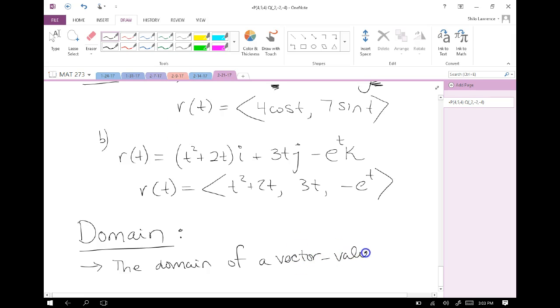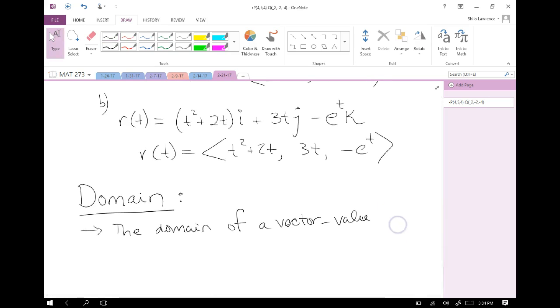If we're going to plug a value into this function, it's got to work in every single component. I don't want any of my components to come out undefined or to come out as an imaginary number. It's got to work in all of them. So we want to restrict ourselves to t-values that are going to work for all of them.